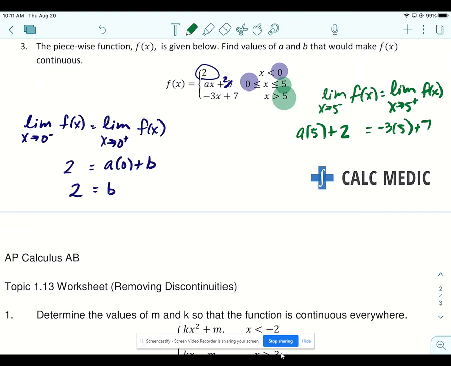All right, so that's going to give us 5a plus 2 is equal to negative 8. And then we'll just solve that real quick. And we're going to get that a is negative 2. All right, so those are the values of a and b that make that function continuous. a is negative 2, b is 2.